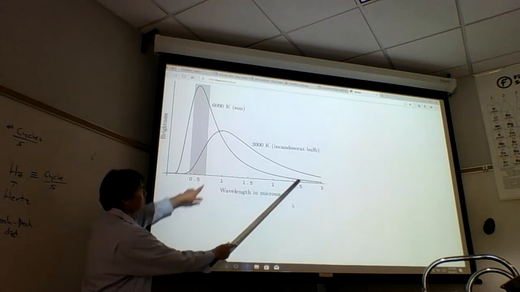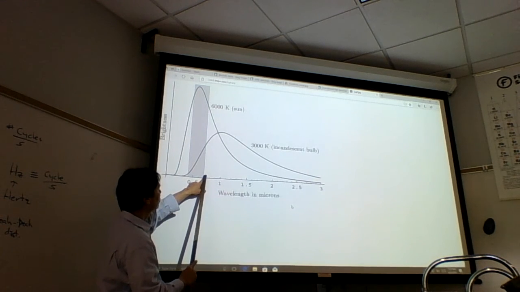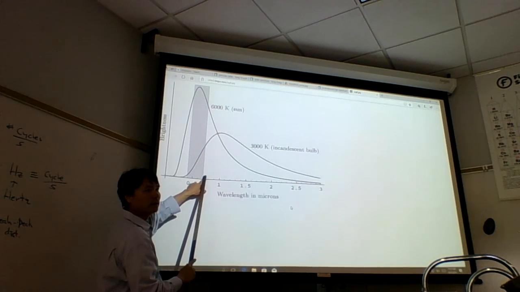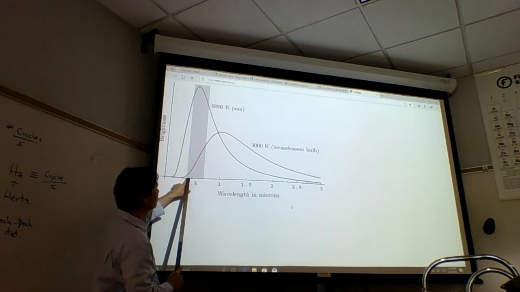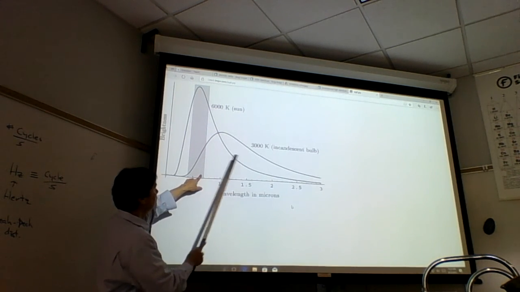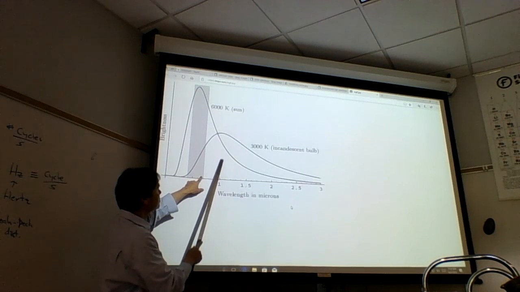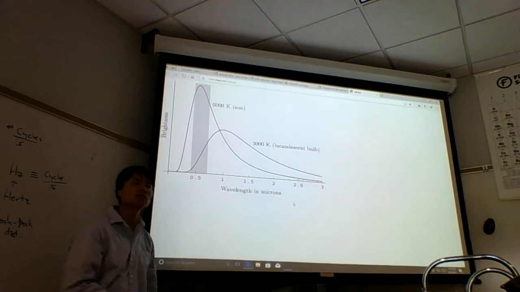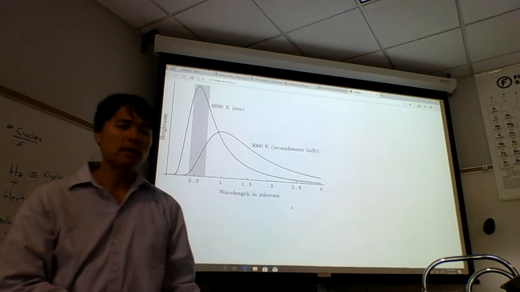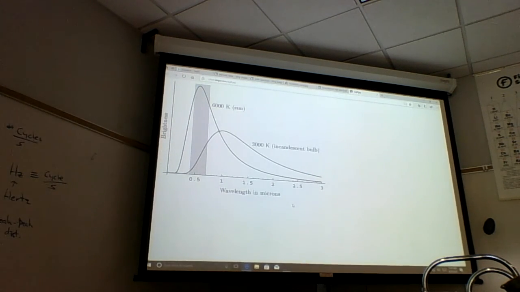And so this is all infrared here, and then from infrared we hit red, all the way to violet here. And so it looks like the most intense portion of the incandescent lamp spectrum will be in the infrared. So it's mostly emitting infrared, not visible. And that means it's not very efficient for generating light.